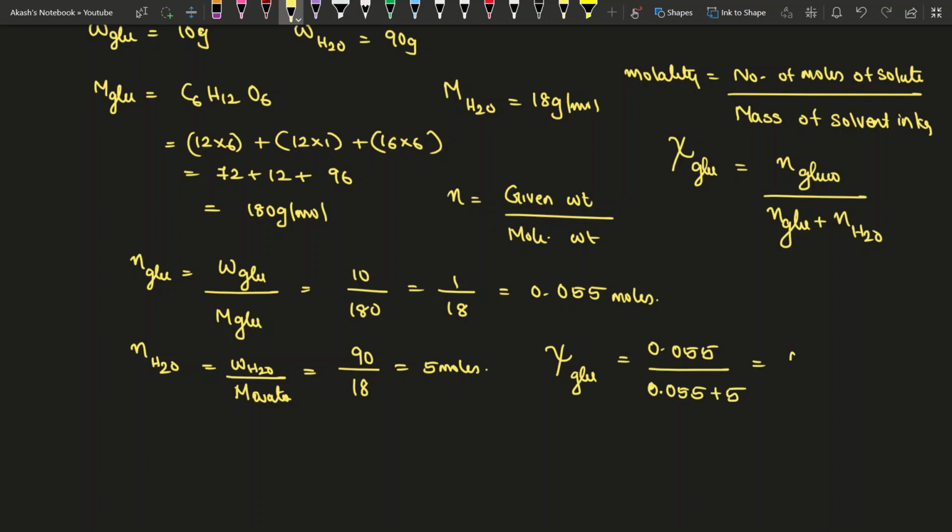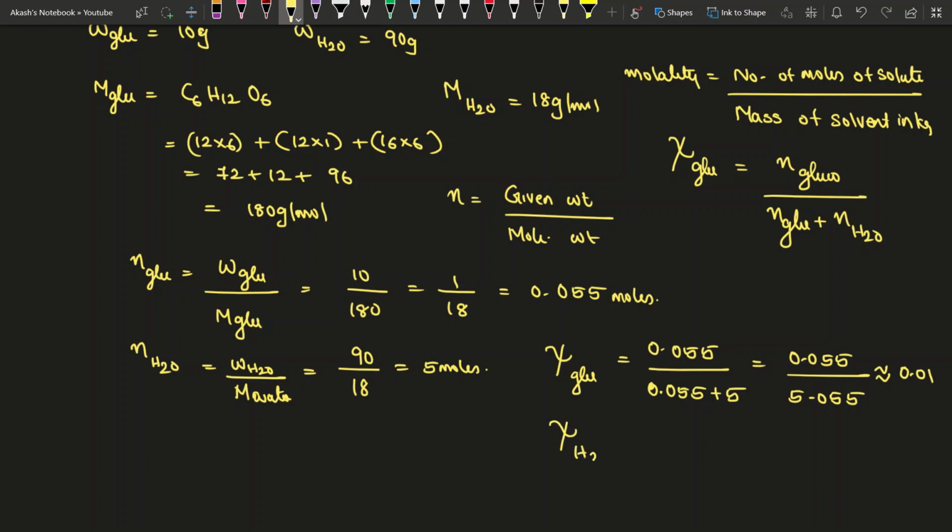When you add, you will get 0.055 divided by 5.055. When you simplify it, it is approximately equal to 0.01. The mole fraction of glucose will be 0.01.